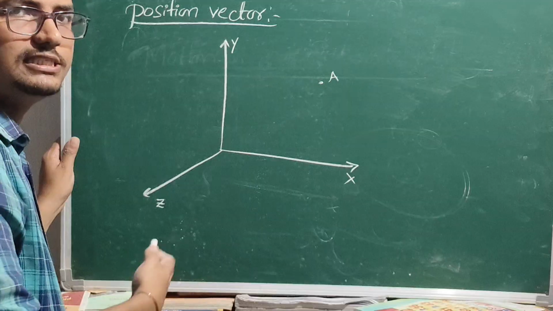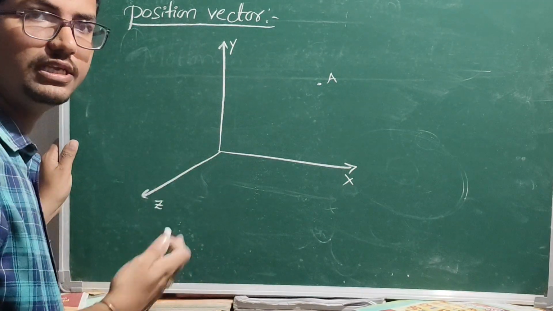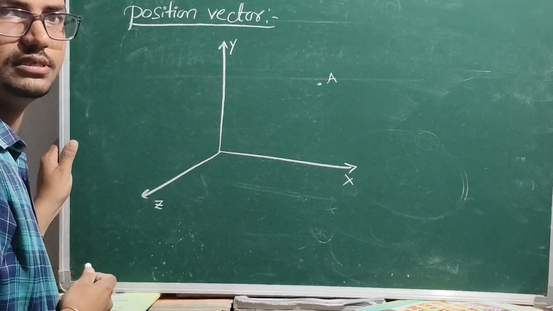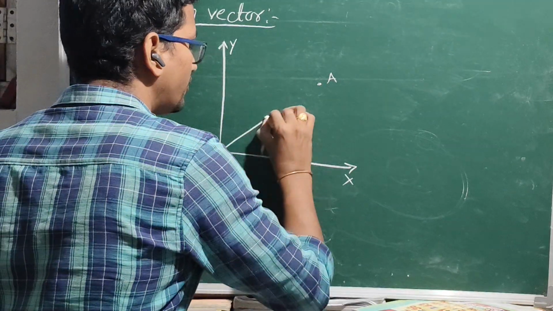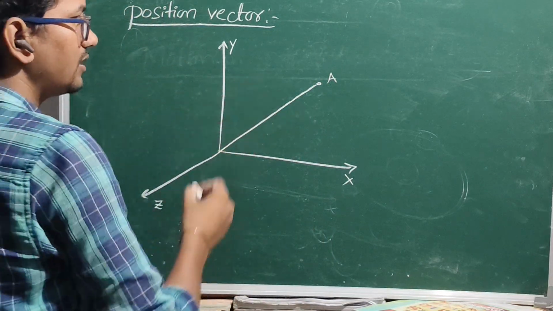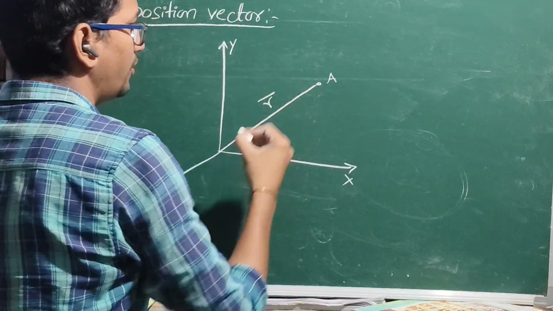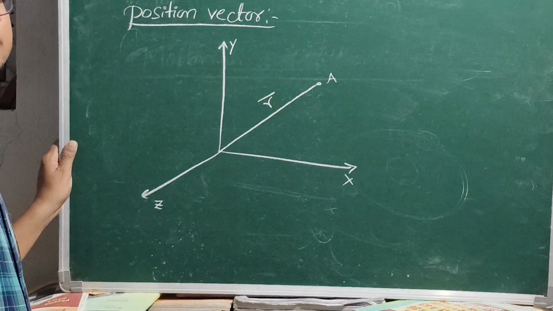How can you find the displacement? We want to find, from the origin point, where the object is placed. We can draw from the origin to where the object is placed here. Yes or no? That's called the position. That's indicating the position vector is r bar. R bar indicates the position vector.